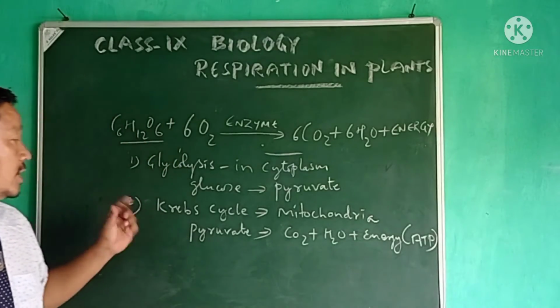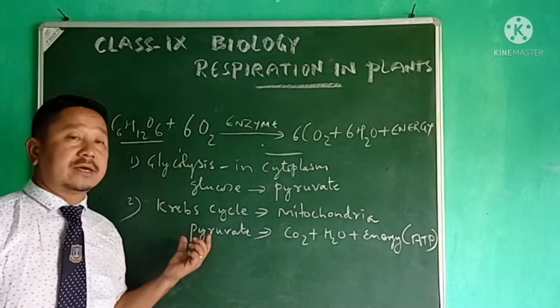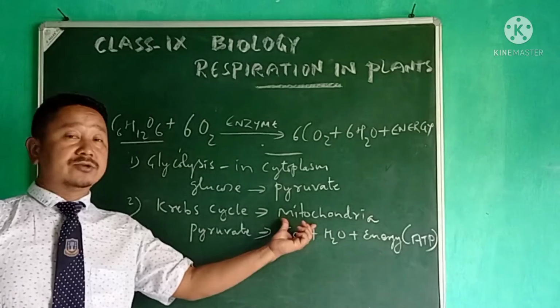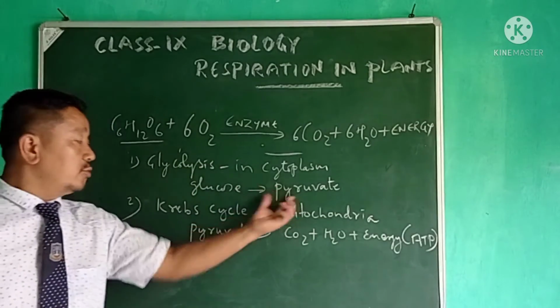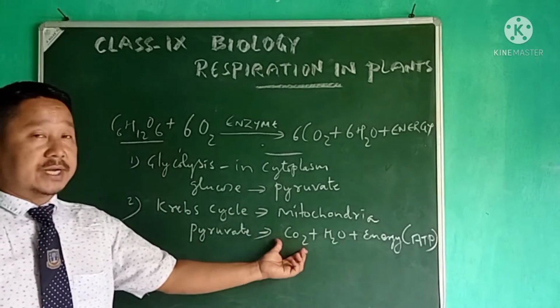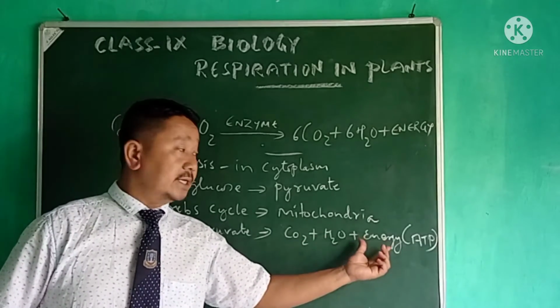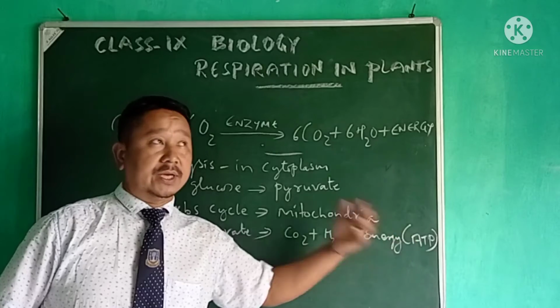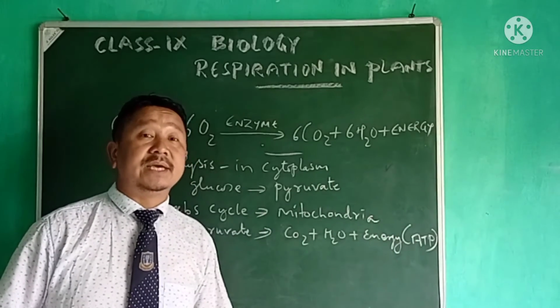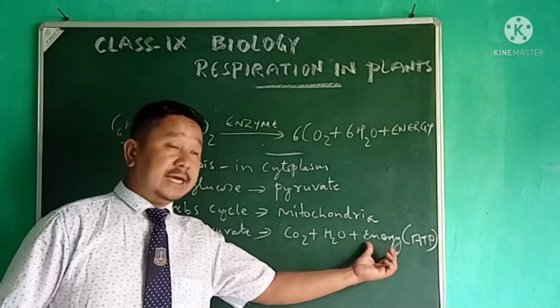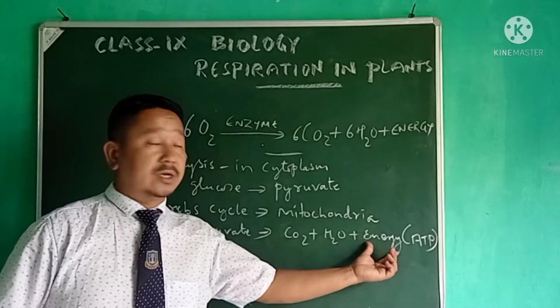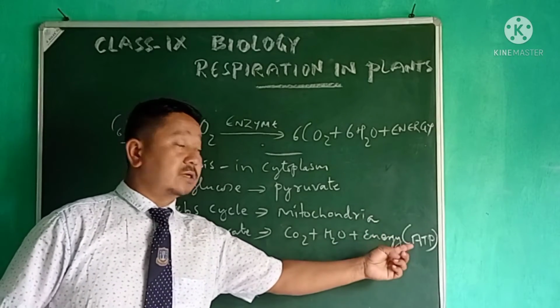So in the second step called Krebs cycle, which takes place in mitochondria, this pyruvate will be converted into carbon dioxide, water, and energy in the form of ATP. Some amount of heat is also produced, but ATP is the energy-rich compound.